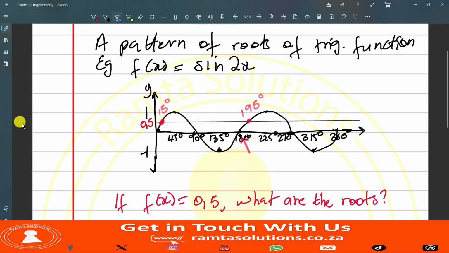Because it's 2x, not x, 150 divided by 2 will be 75 degrees.